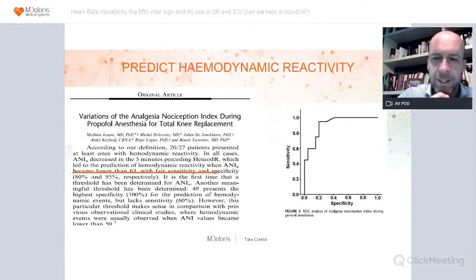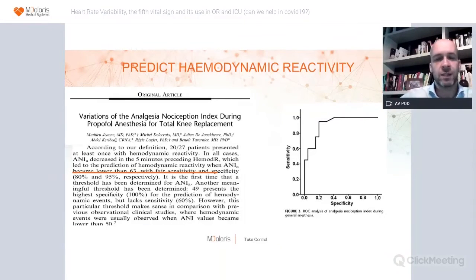And it says that if you are, what I told you, with an ENI value lower than 49, then the probabilities of having a hemodynamic response increase very much until you arrive to 30. And it will happen in the next 5 minutes.